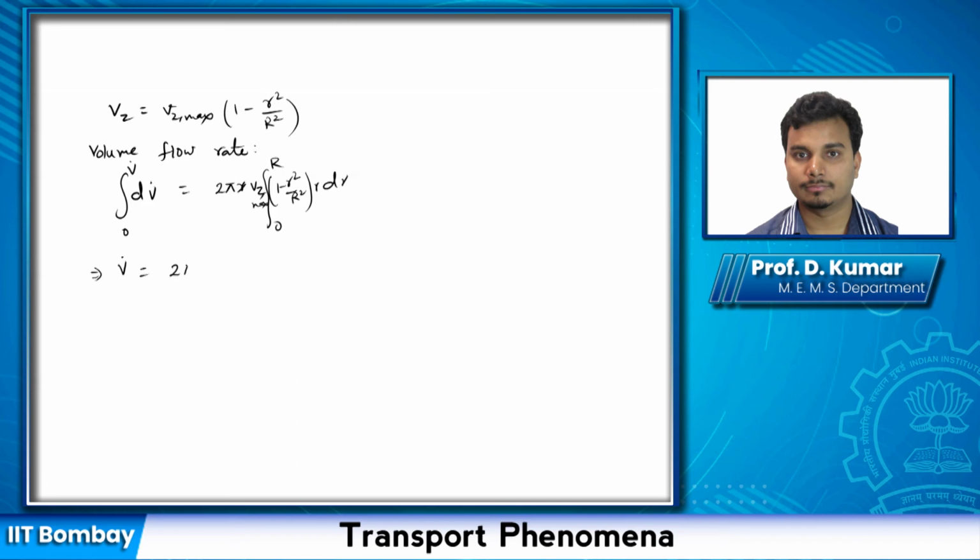This will be 2 pi Vz max times the integral of (r minus r cubed by R squared) dr from 0 to R. So 2 pi Vz max, and then once you integrate, this will be r squared by 2 minus r to the fourth by 4R squared, from 0 to R.